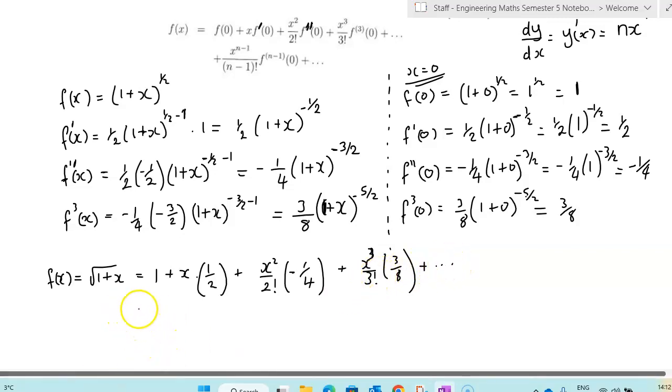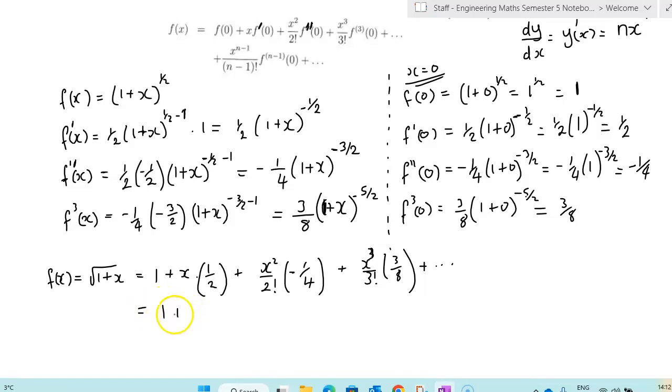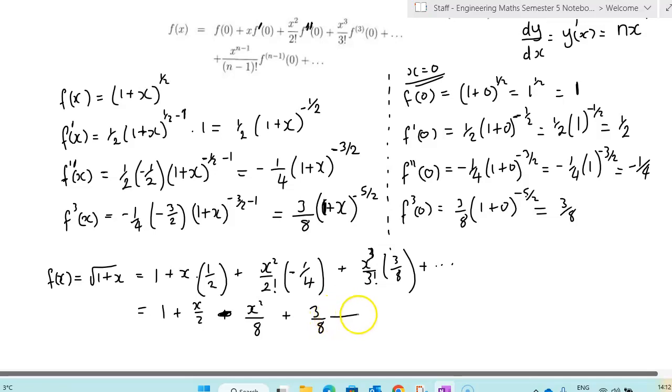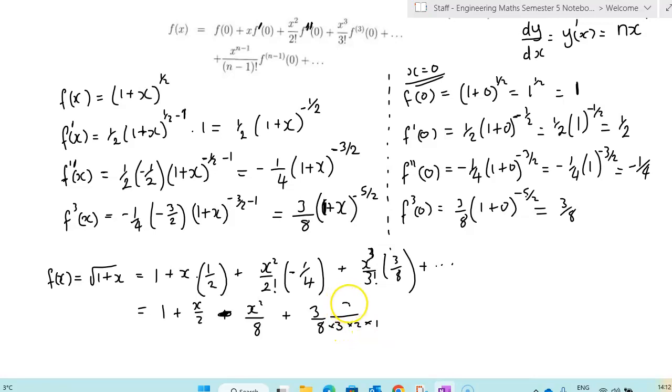If we tidy this up, that will be 1 plus x over 2 plus, well, no, it's a minus now because of this minus, okay, x squared on the top, and 2 factorial is 2 by 1, which is just 2, times 4, which is 8, and then the last bit plus 3 over 8 times x cubed over 3 factorial, which is 3 by 2 by 1, and we have the x cubed here, plus dot, dot, dot.